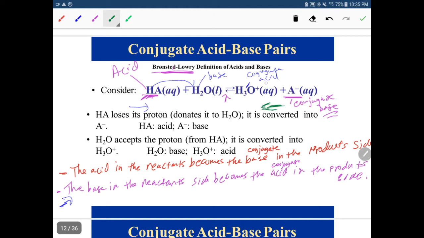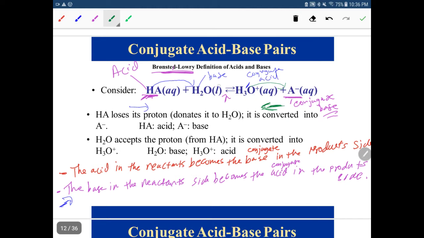The conjugate acid will donate its proton, which is going to be one hydrogen, to the conjugate base, which is A minus. A minus, since it's a conjugate base, will accept the proton and will form HA. H3O plus, since it donates a proton, will become H2O.